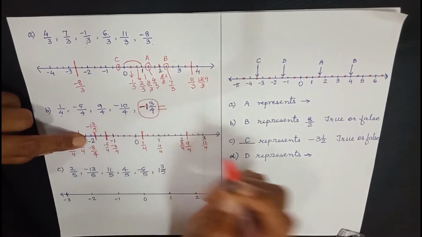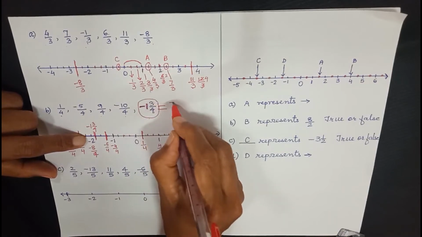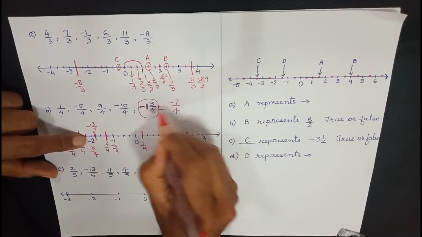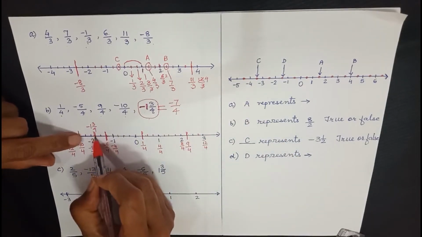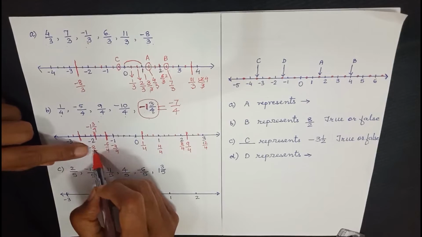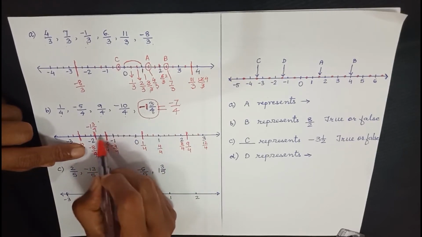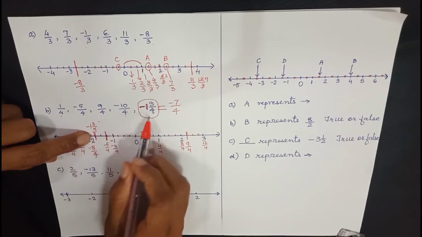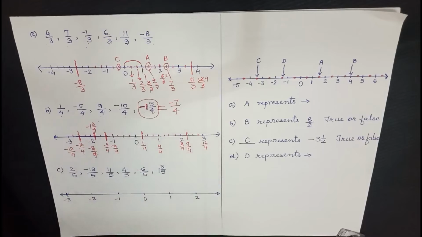Or you can even convert this into an improper fraction. 1 into 4 is 4, 4 plus 3 is 7. So this number is nothing but minus 7 upon 4. So you can see we have represented it exactly at minus 7 upon 4 because the next point is minus 8. See 1, 2, 3, 4, 5, 6 and 7. Minus 7 upon 4. So even the mixed numbers can be represented on a number line.